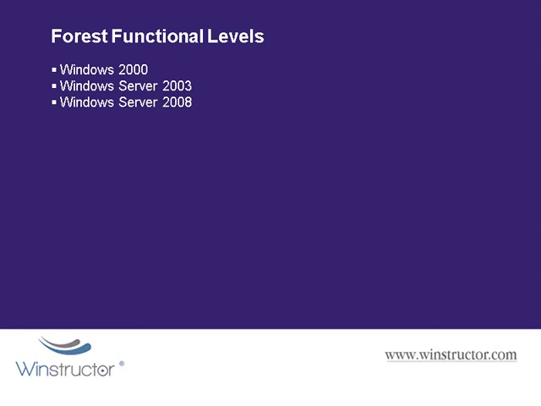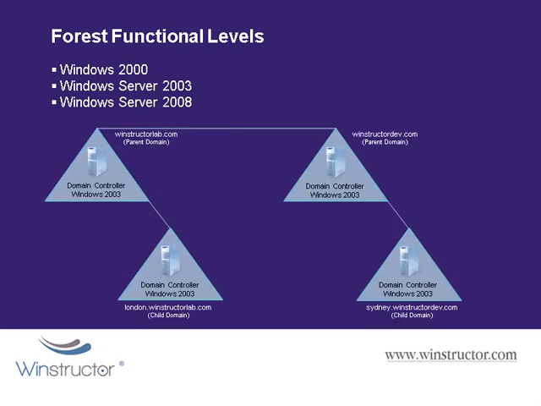Now, any member servers can be older versions of Windows Server though. You don't necessarily need to go and upgrade everything, but for your domain controllers, they'll all need to be, at the very least, running at whatever level you set your forest functional level to. So, if you decided to raise the functional level of your forest to Windows 2003, then you'll require every single domain controller in the forest to be Windows 2003.